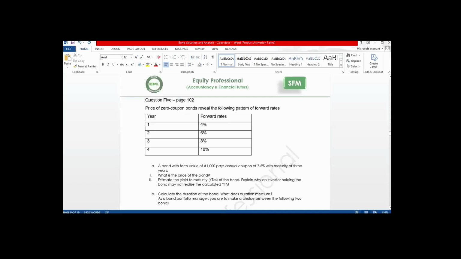In the exam, what I expect students to do is to analyze the question. I'm required to calculate the price of a bond. My first question is, what type of bond am I required to value?